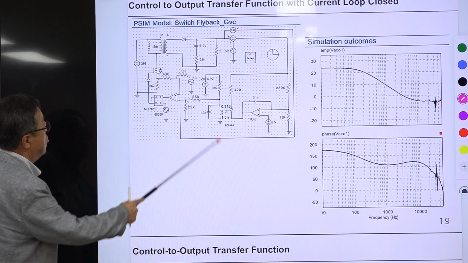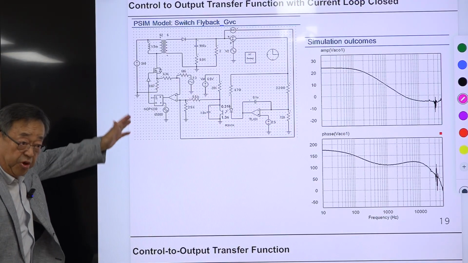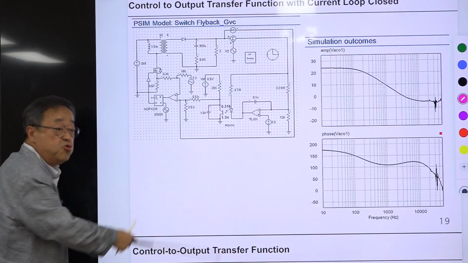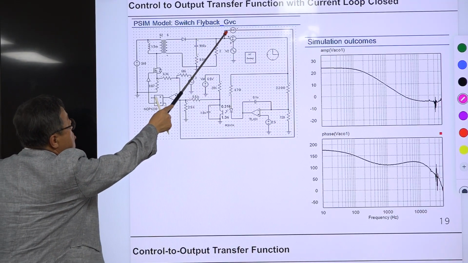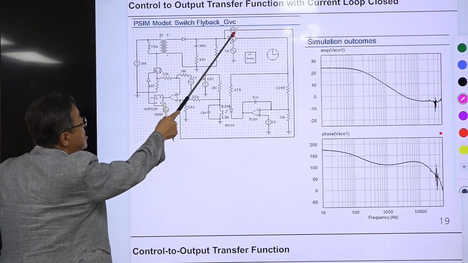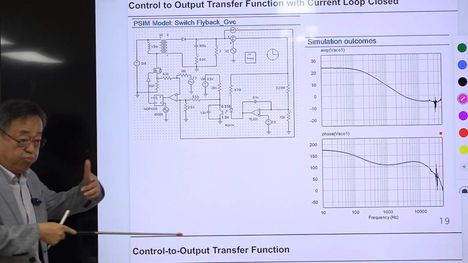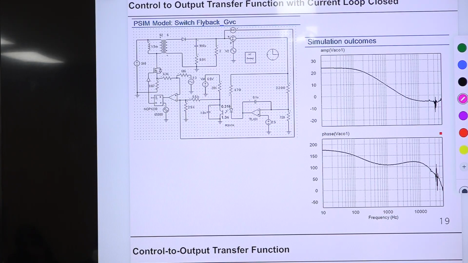In the previous diagram, I cut this point here, but you don't have to cut here. You are using this special feature provided by PSIM, this AC probe. Then this dot is important. The dot terminal becomes the denominator.